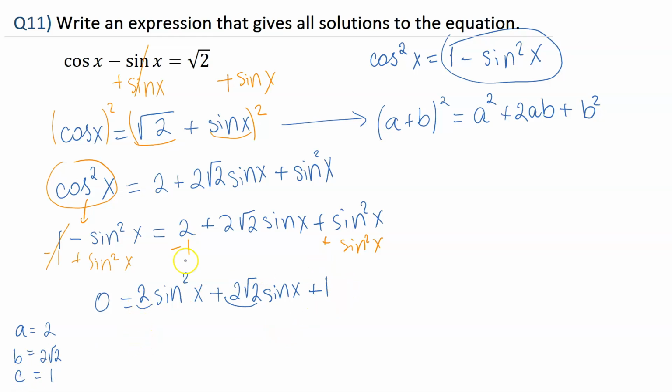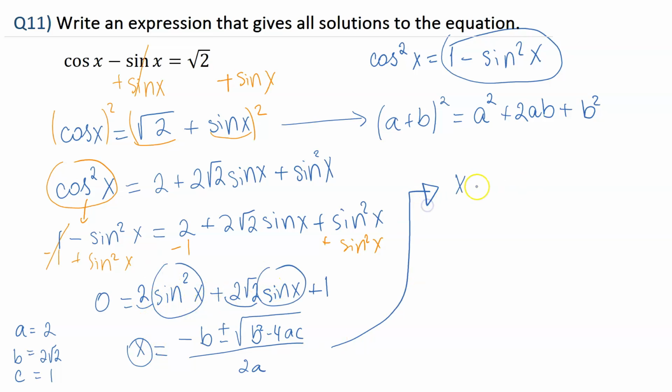I'm going to use the quadratic formula, x equal negative b plus or minus square root of b squared minus 4ac, divided by 2a, to solve for the unknown, which in this case identifies the sine x. x is equal to negative 2 radical 2 plus or minus square root of b squared.